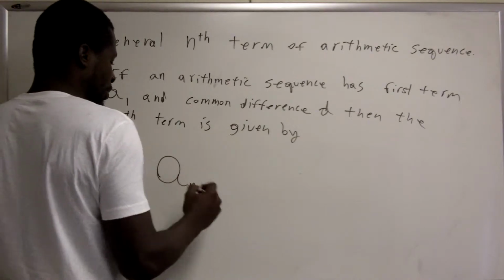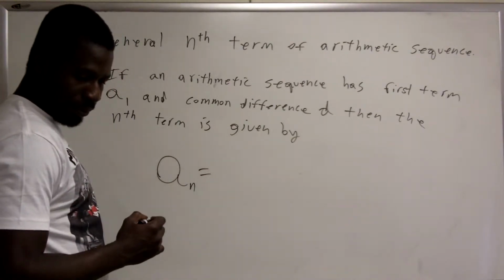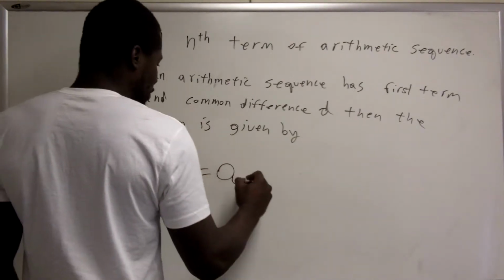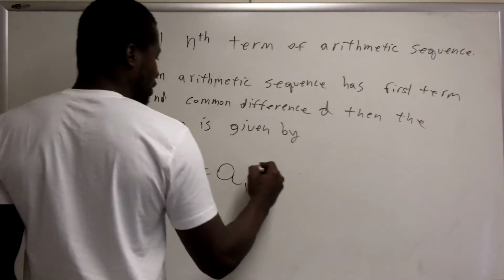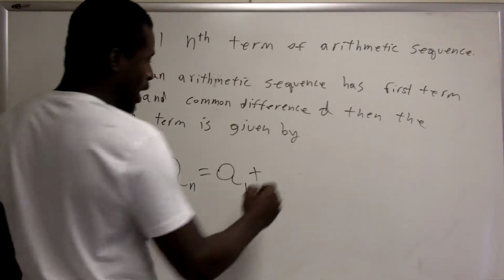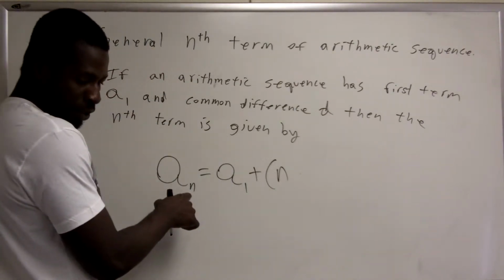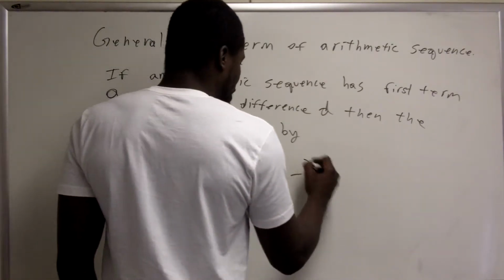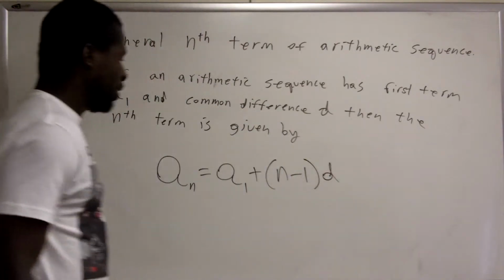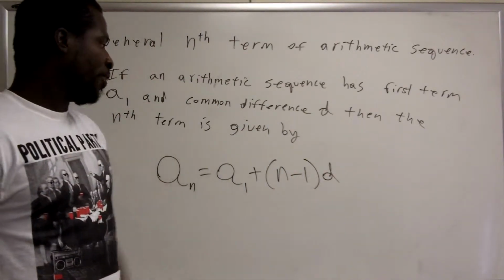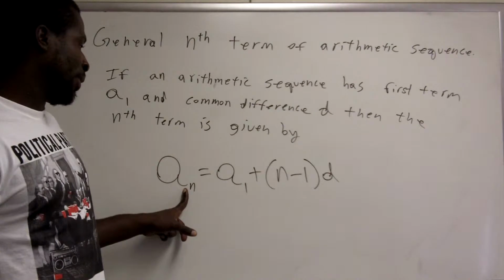The nth term is going to be equal to A1, which is the first term, plus n, the subscript for the term we're looking at, minus 1, multiplied by the common difference. So this is the formula for the nth term of an arithmetic sequence.